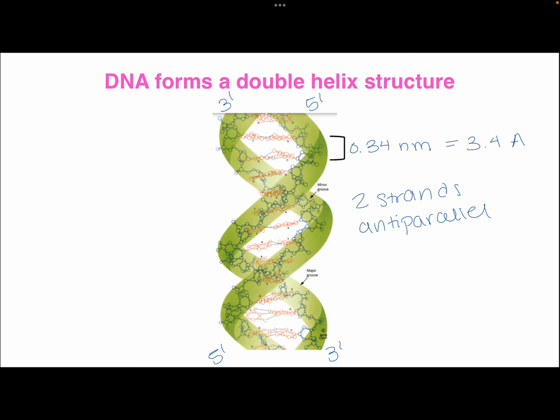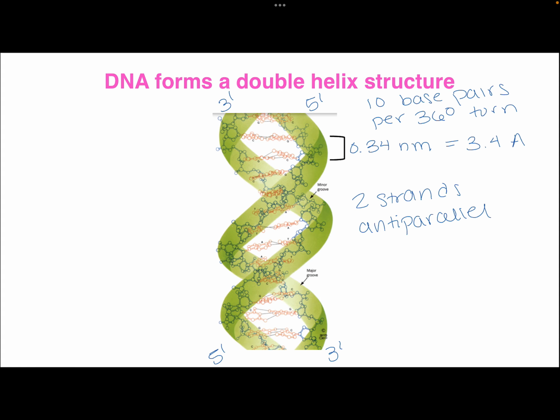And this distance ends up amounting to 10 base pairs per full 360-degree turn of the helix. So what I mean is that every time the helix goes around a 360-degree revolution, that's going to amount to 10 base pairs, okay?